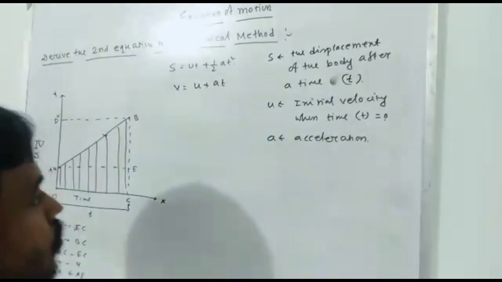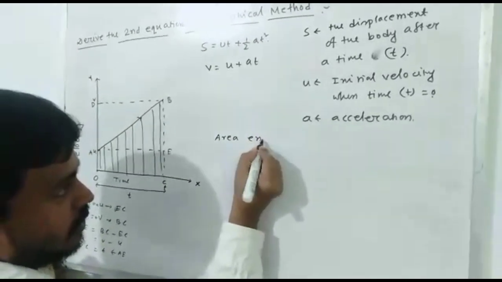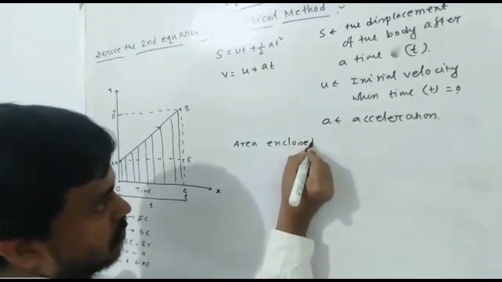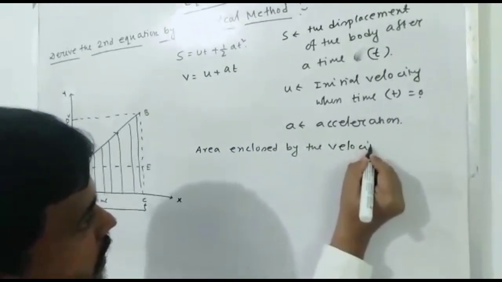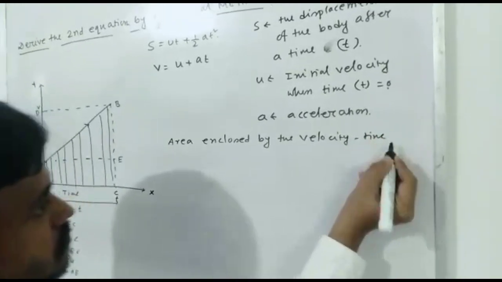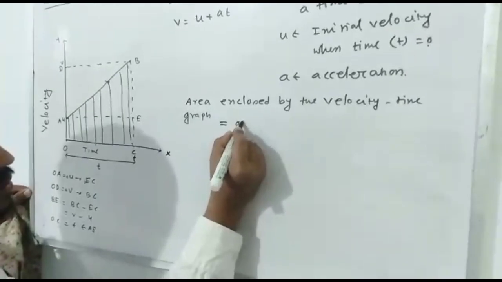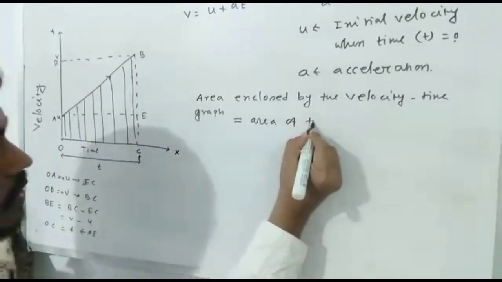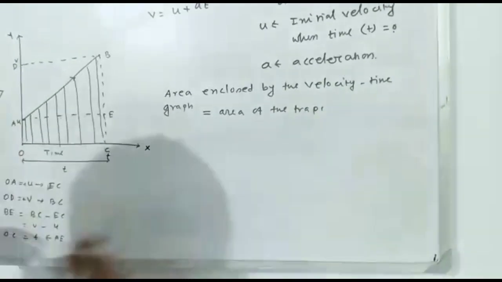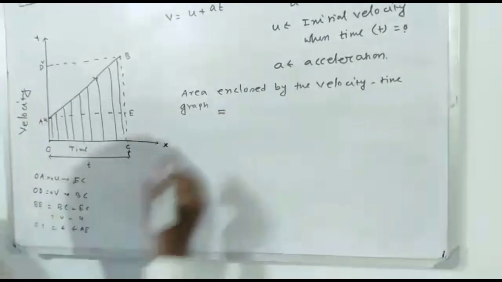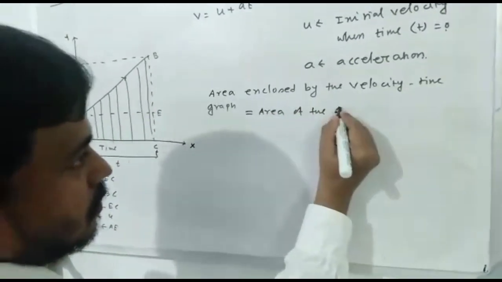Okay, so now students, you can find the area enclosed by the velocity time graph, equal to the area of the trapezium, or it is better you write, area of the triangle.